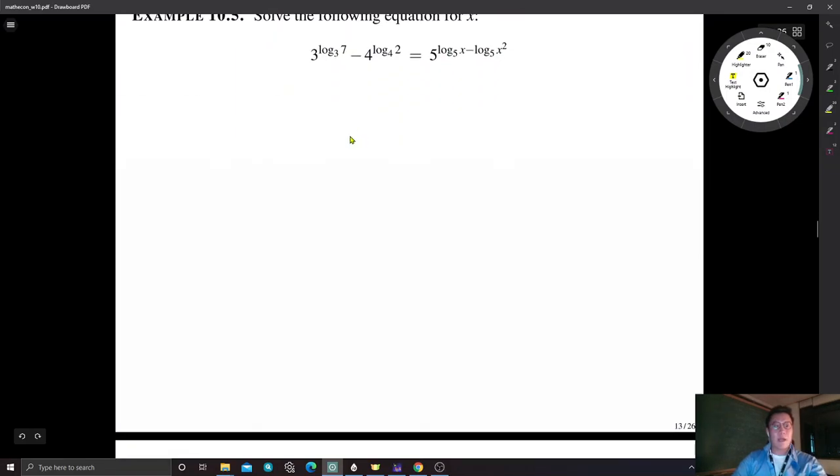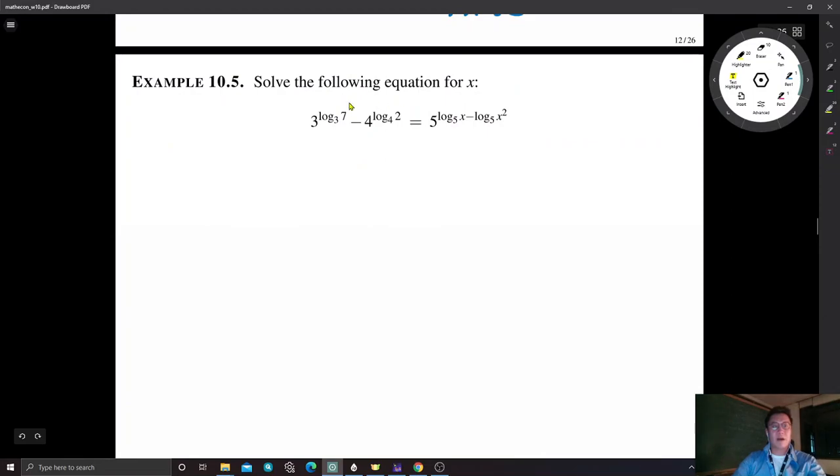Finally, example 10.5, solve the following equation for x. We have two exponential functions combined with a logarithm on the left hand side. If we first take a look at the first term, 3 to the power logarithm with base 3 of 7, the bases are matched, so they are cancelled, and that is equal to 7.